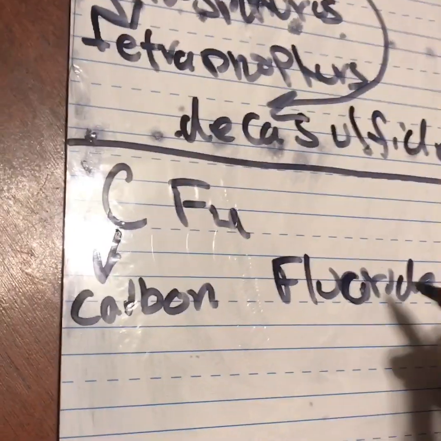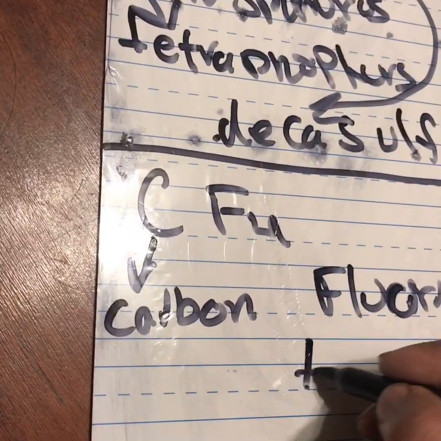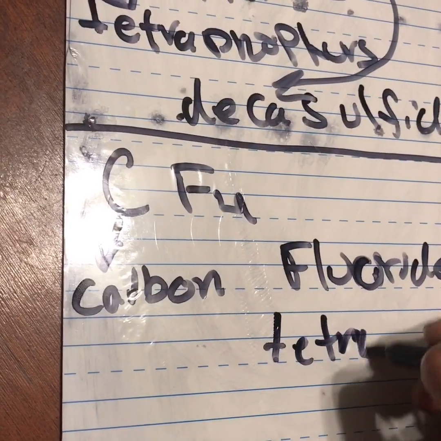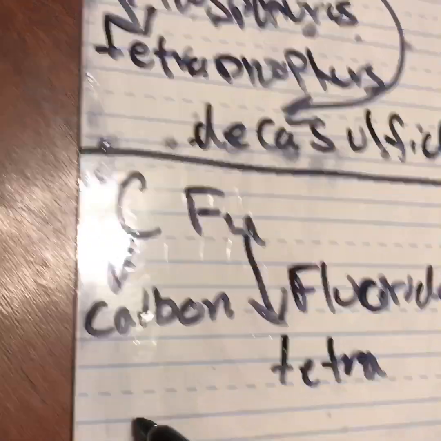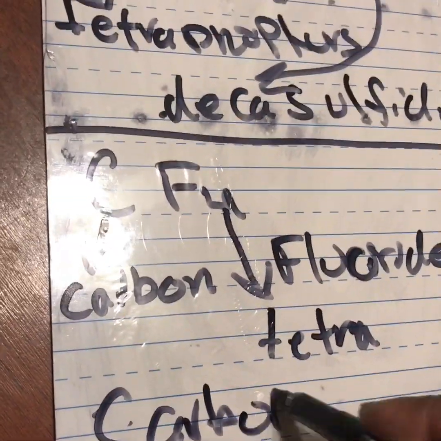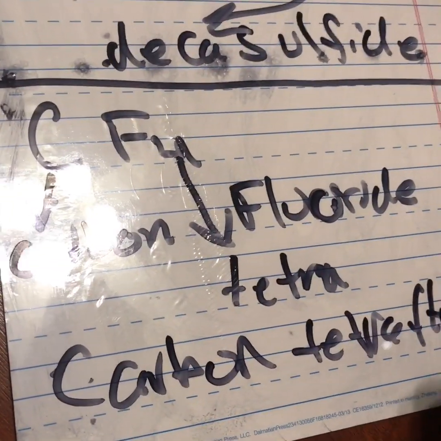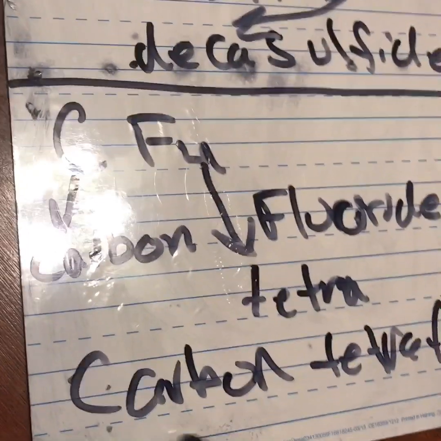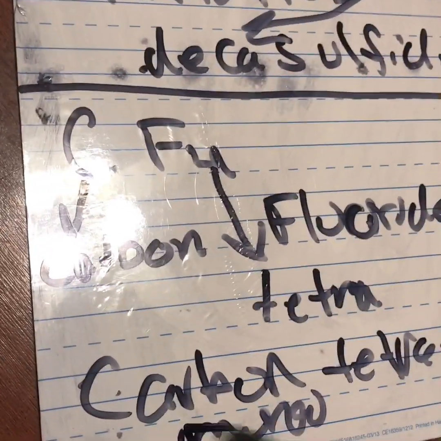So we have 4, so we have tetra, which is the prefix for 4. So we have carbon tetrafluoride. For carbon, we don't use mono, which means 1, just leave it like that.